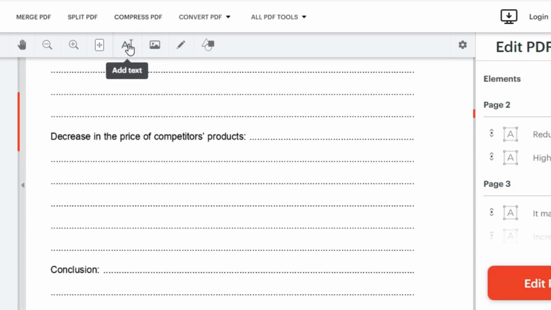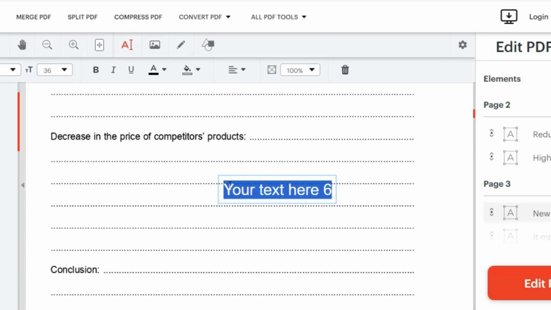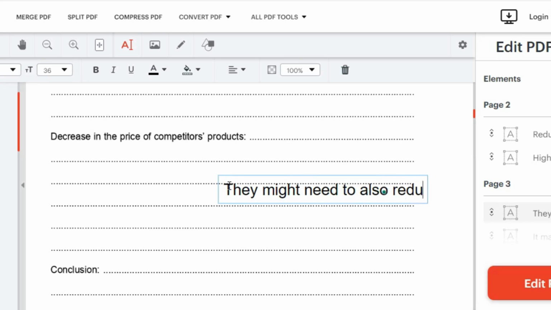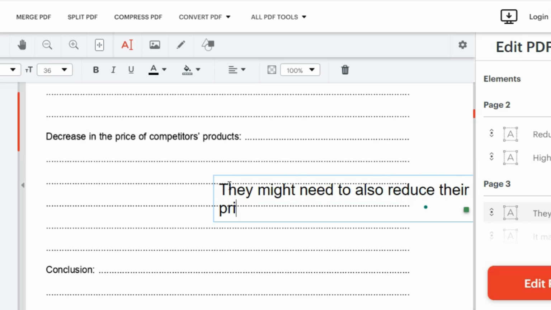But we have here, they might also need to reduce their price in order to remain competitive within the market.